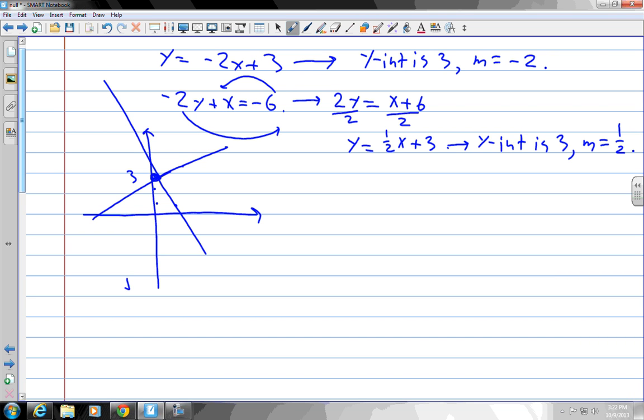It's off by a few inches, but they needed the point on the y-axis. Any questions on that? No? Got it? Good. All right.